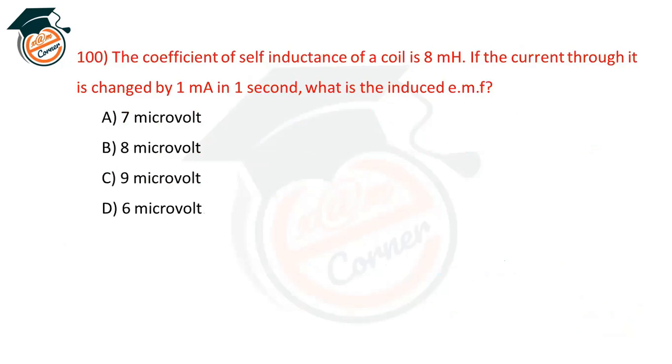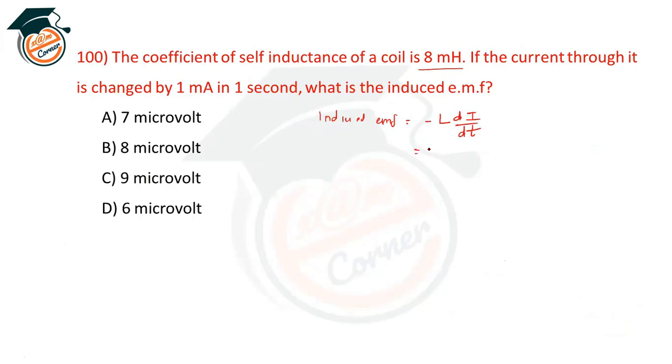Next question. The coefficient of self-inductance of a coil is 8 mH. If the current through it is changed by 1 mA in 1 second, what is the induced EMF? To find the induced EMF, we know that induced EMF is equal to minus L di by dt.